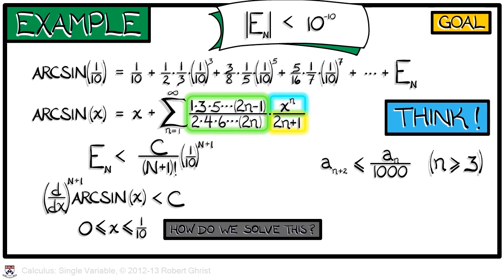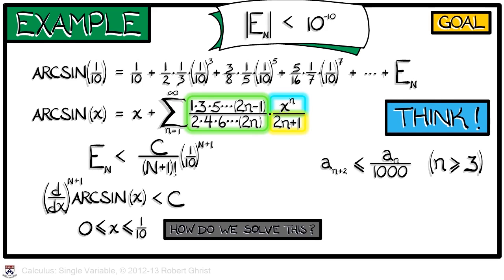And I claim that a sub n plus 2, the next term in the series, is less than the previous term, a sub n, divided by 1,000. What this means, really, is that you're picking up 3 decimal places of accuracy with each subsequent term.